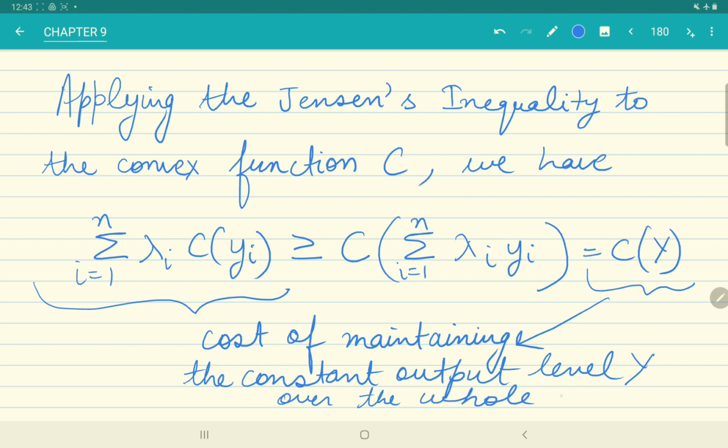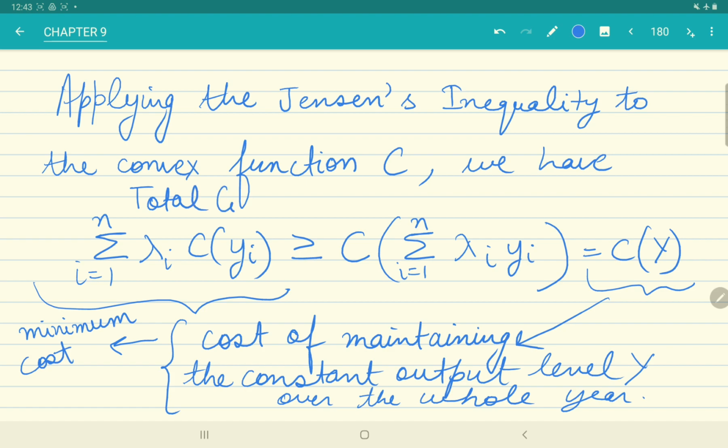And we see that this is the minimum cost, because what we see is that this is my total cost, and total cost is greater than equal to this.